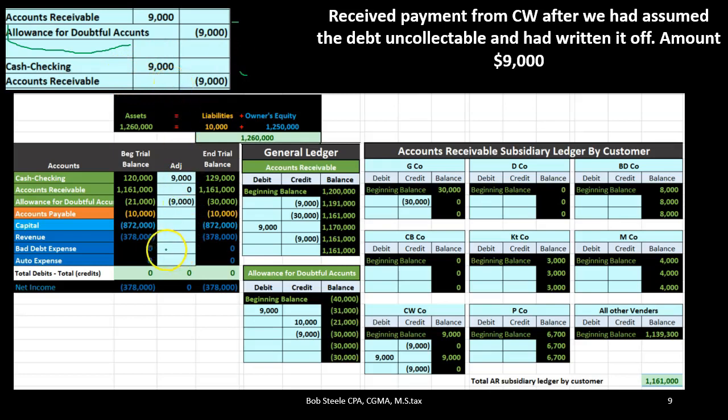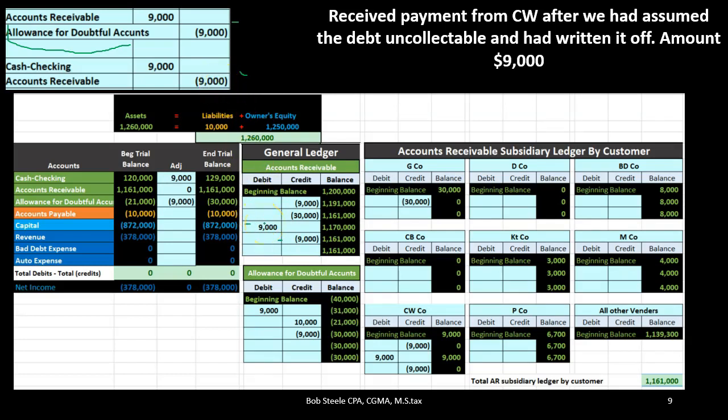So note here, no effect on the net income. The allowance account then is going to go back up from 21 up by the 9 to the 30,000, and that's because, of course, this individual did pay us, so we're not taking that down. The accounts receivable account on the general ledger went back up and then went back down. So we can see it just went up, down, same thing.